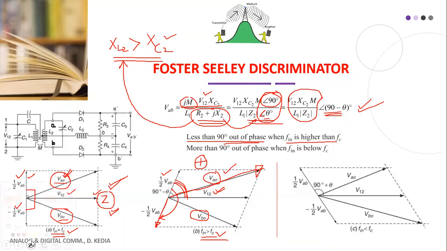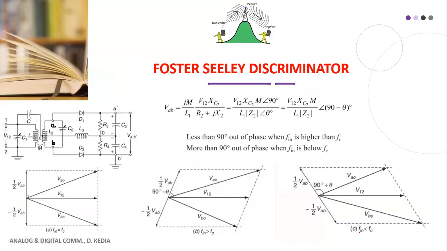Now the last case. In the last case, when your input signal frequency is less than carrier frequency, your XL2 will be less than XC2. In that case, this X2 part will be less than 0, meaning it is negative.